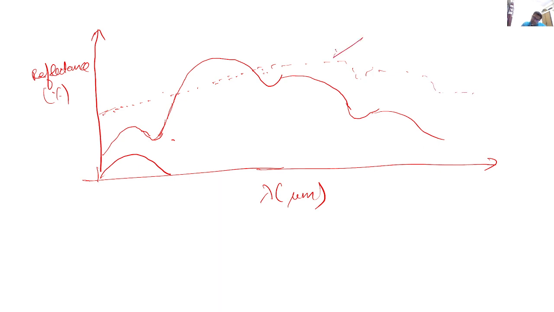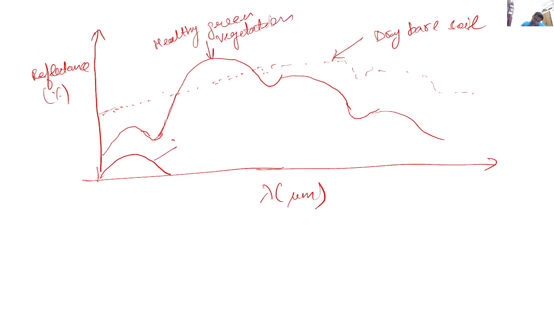So this is dry bare soil. This is healthy green vegetation, and this is clear water.